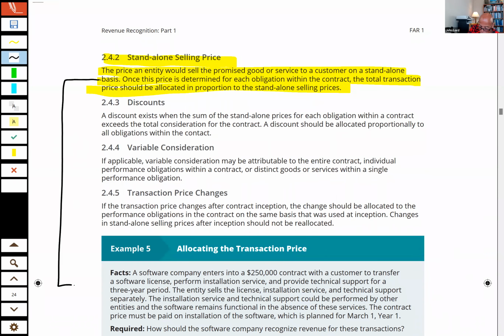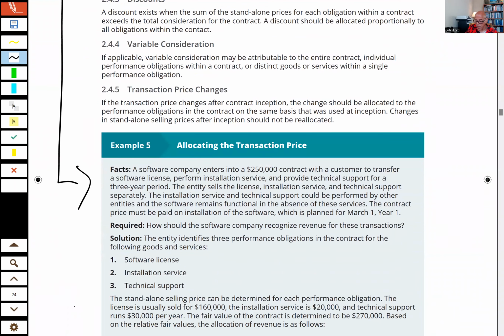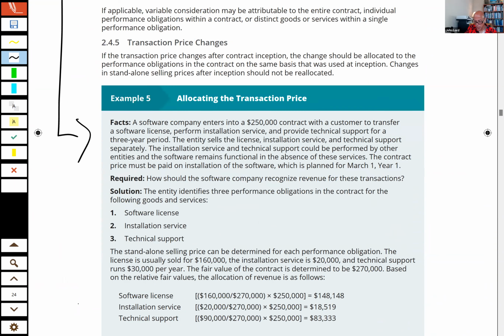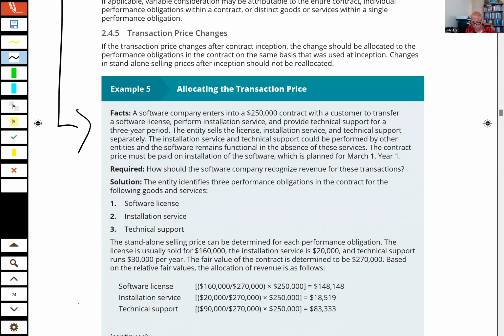And again, you could recognize them at a point in time, or you could recognize them over time, which brings in all of those elements. So I think this is a pretty good little example. So let's just take a look at it. We have this software company entered into a contract for $250,000. We've identified the contract. We've identified the price. Piece of cake, right?